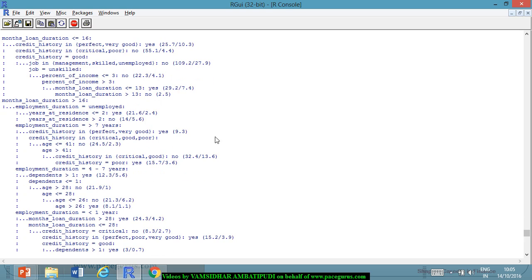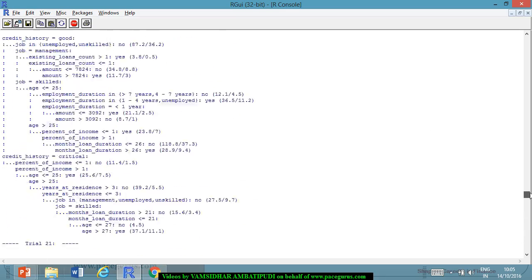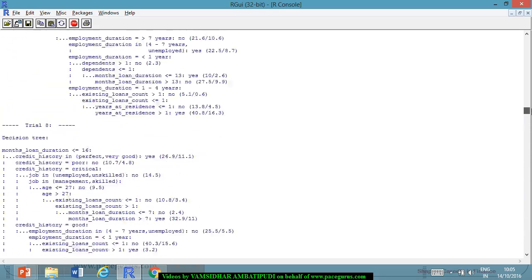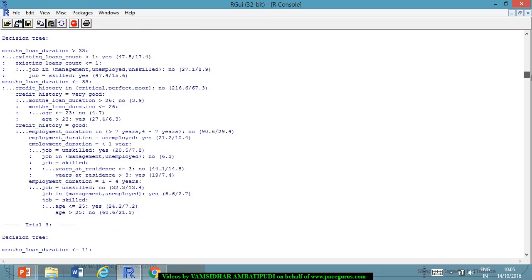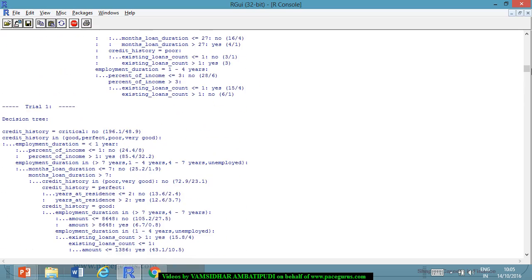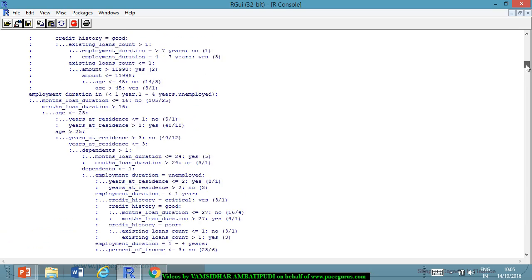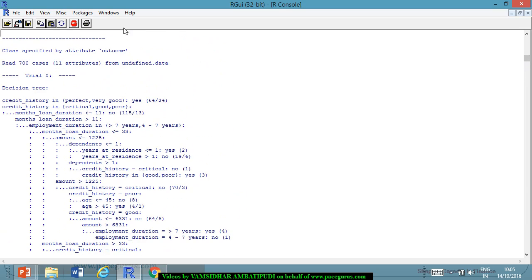If you look at this one, employment duration, let's look at the first one itself. 64/24, credit history perfect or very good.